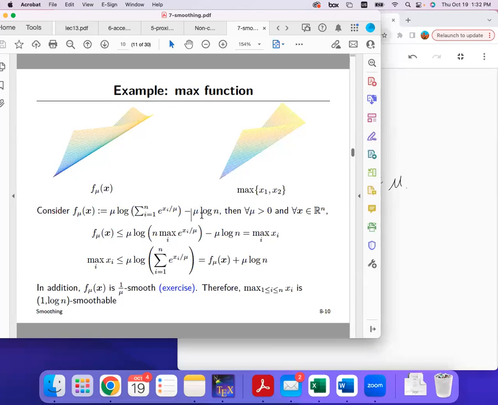We define such an f mu function. And we can show that, first of all, it is less than or equal to the original function. And moreover, the maximum function is further upper bounded by f mu plus mu times log n.